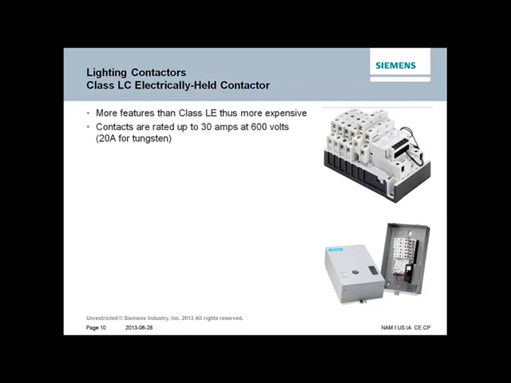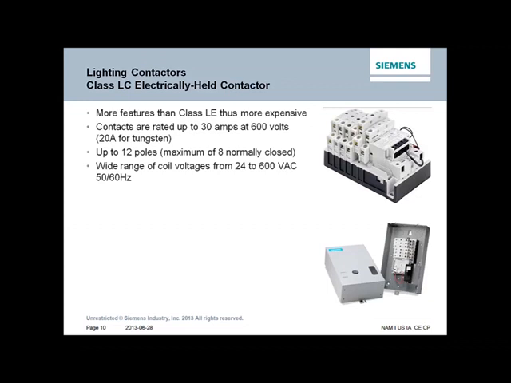The LC contactor can have up to 12 poles all on the same contactor, so you can range from 2 power poles up to 12, and out of those 12 you can have a maximum of 8 normally closed. You can have any combination of normally open and normally closed. Same range of coil voltages as with the LE, 24 volts through 600 volts.